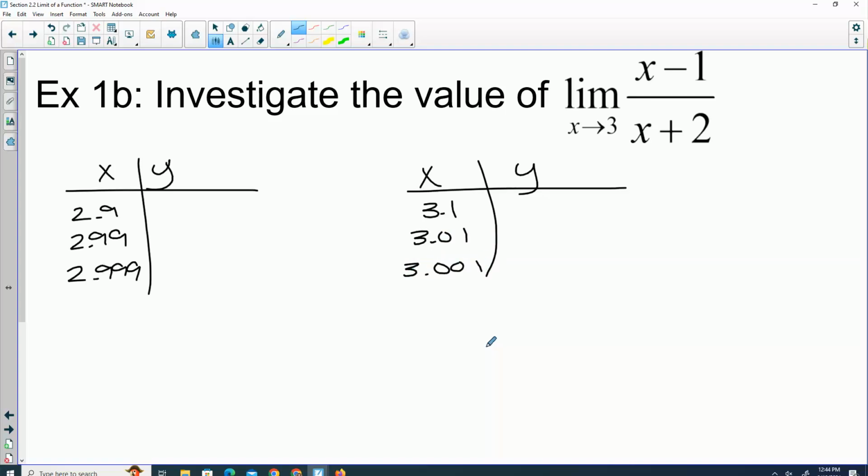You're 2.9, Angela 2.99, Caitlin 2.999, Sam 3.1, Grant 3.01, back corner 3.001. So it's 4 decimal places like that. Yeah, should be close enough.